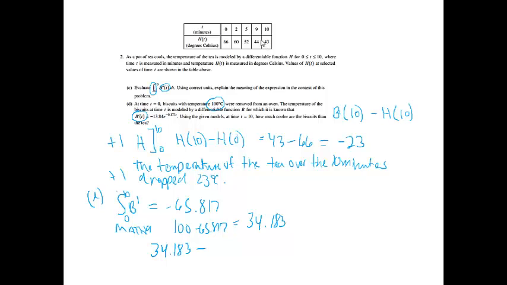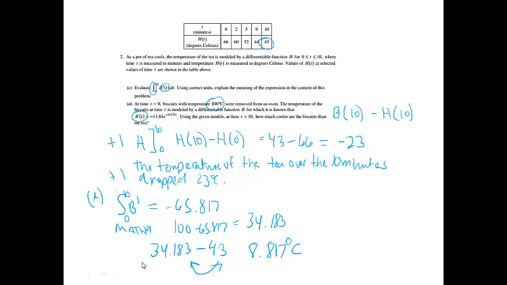And the temperature of the tea we got right here was 43. Actually I should have that the other way around, because I want to know how much cooler the biscuits are than the tea. So if I subtract those two and take the absolute value, we should get 8.817 degrees Celsius. So the biscuits are 8.81 degrees Celsius cooler than the tea.